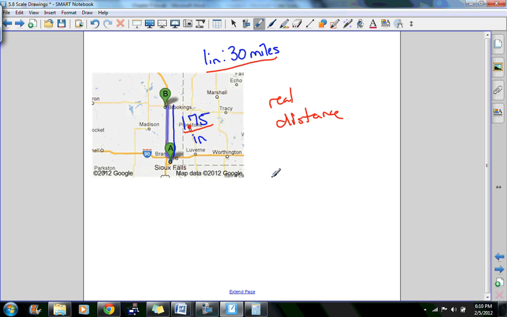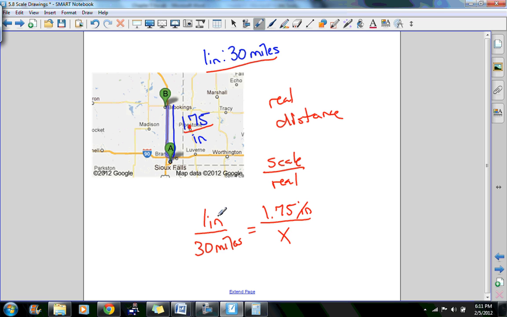So what I can do is I can take our fraction that we were using, which is scale over real, and I can simply do what they have here. 1 inch over 30 miles is equal to 1.75 inches over x, because that's what we're trying to find out, the real distance.